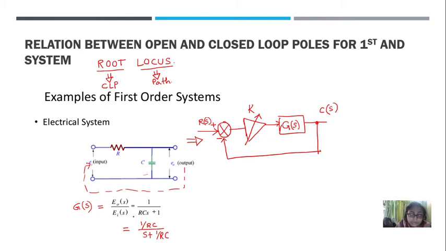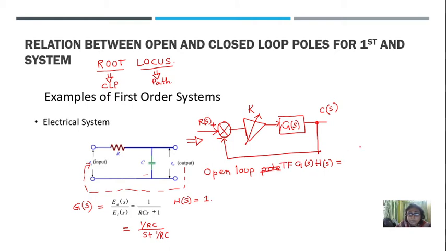So this is a system. It is G(s). The feedback path was H(s) equal to 1. So the open loop transfer function is G(s) into H(s).